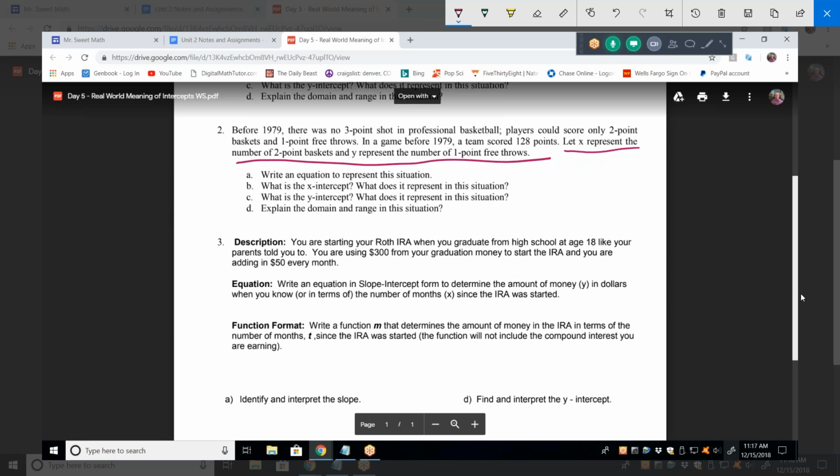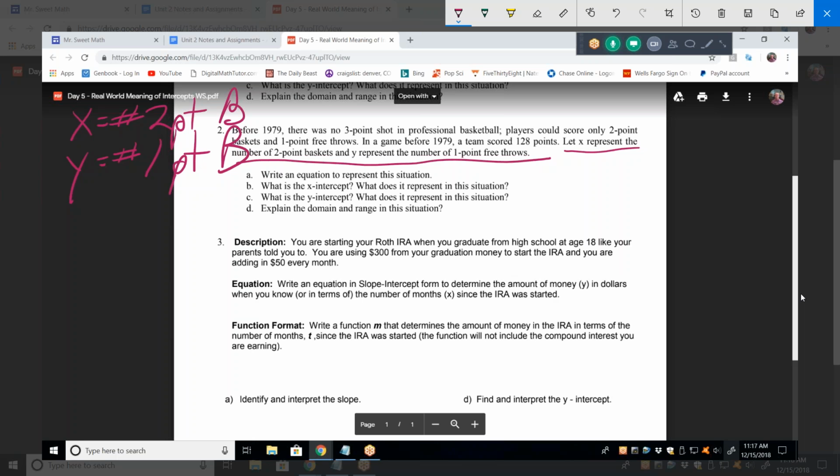You can still figure out how to set up your variables. In other words, x is the number of 2-point baskets, and y is the number of 1-point baskets. So even if this were a typical problem where the final sentence said how many 2-point baskets, how many 1-point baskets, that's where you define your variables.